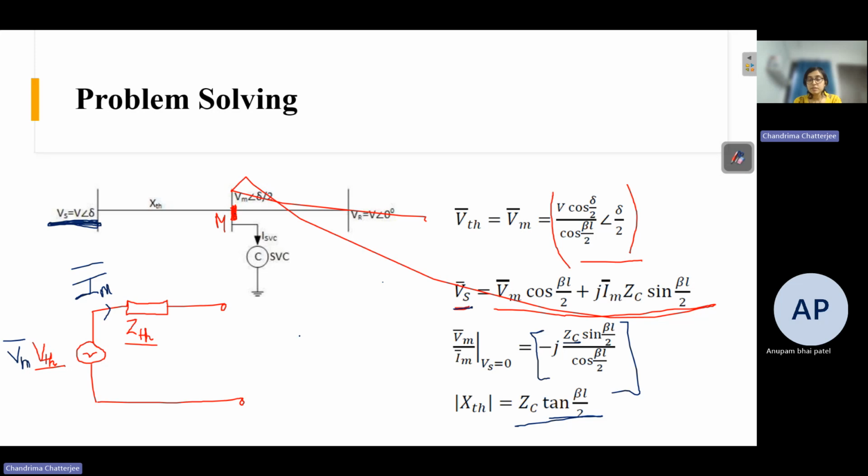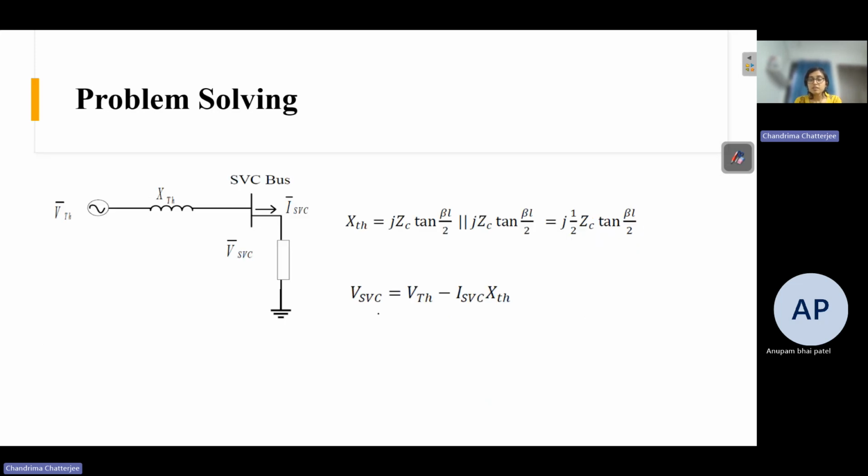But this impedance is from sending end till the midpoint. Similarly, you will get from midpoint to the receiving end the same equivalent impedance. So the effective Thevenin impedance will be the parallel combination of these, and they are the same because the line is symmetrical.